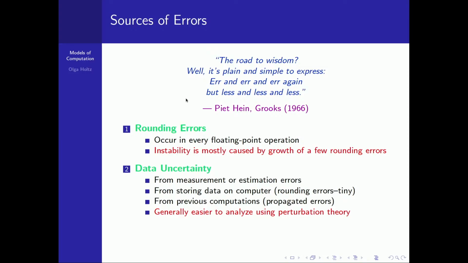Sometimes you only know it up to a certain degree, and that's uncertainty in your data. And also, as you keep computing, if your algorithm performs many intermediate computations before it outputs something, then at every stage of the computation, you will introduce those intermediate errors. I should note that these are not random. One of the misconceptions that people might have is that, by computing stuff, you will introduce random errors.